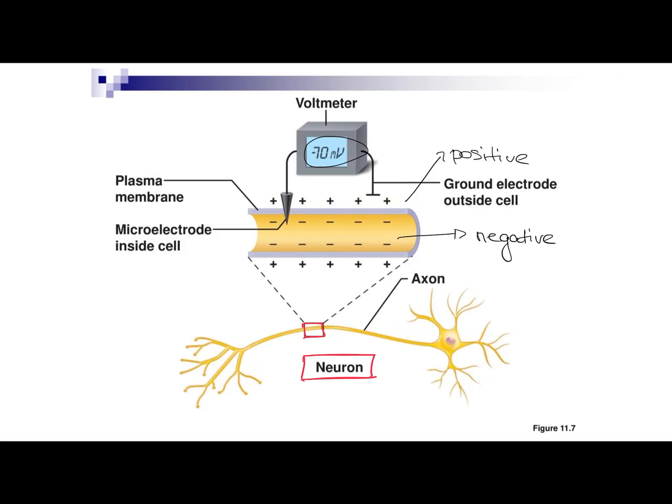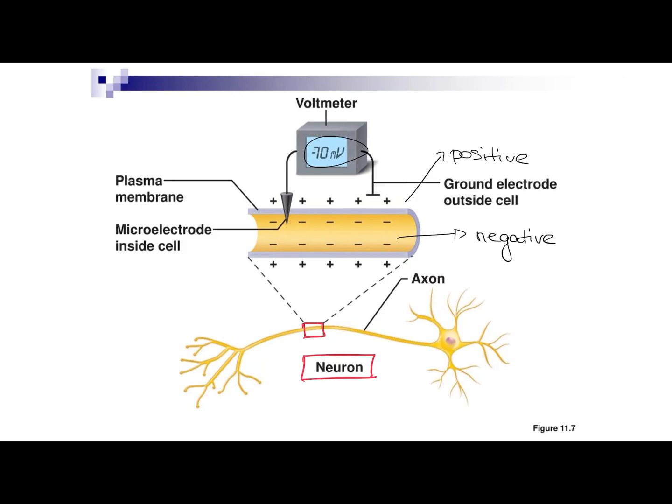Firstly, if we look closer at this part of the neuron, and if we put a voltmeter with microelectrodes inside the neuron, we can see that the inside of the cell has a negative charge and the outside of the cell has a positive charge.